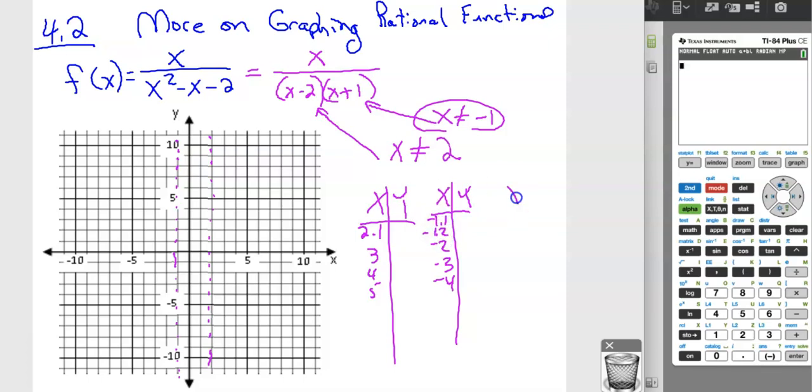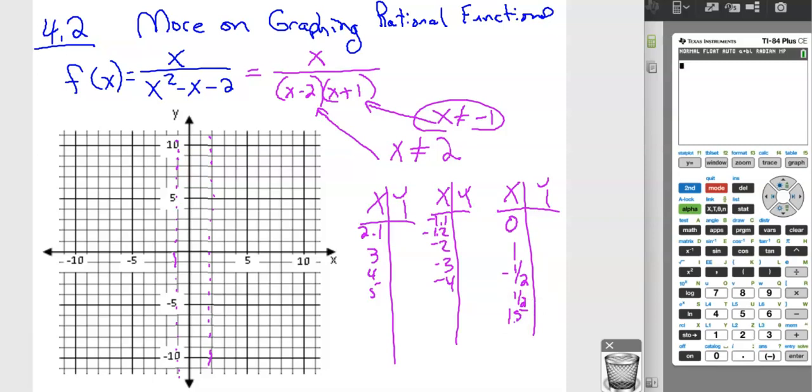And then finally, think of what's happening in between those two numbers, in between negative 1 and 2. All the numbers in between, the nice numbers would be 0 and 1, but think of all the numbers in between that, like negative 1/2, 1/2 and 1.5. Anything in between negative 1 and 2.